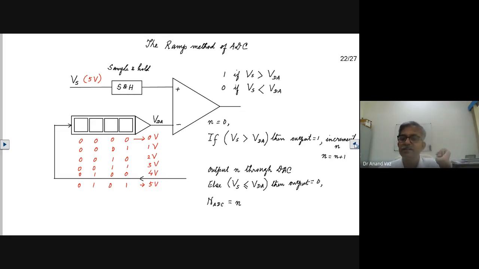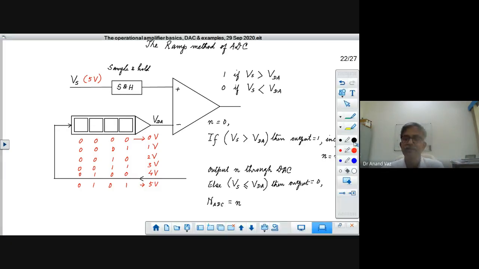Now you can see the pitfalls of this method. We just have a little time, so I'll quickly explain. There are certain disadvantages with this method. While you can set the size of the digital representation, 4 bits or 8 bits or 12 bits or 16 bits, the process is based on serial incrementing starting from 0.